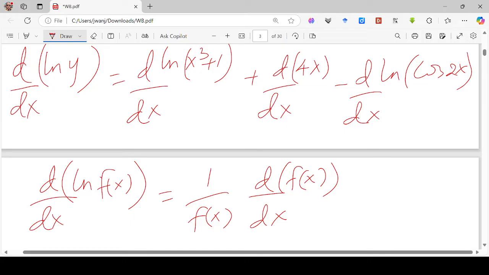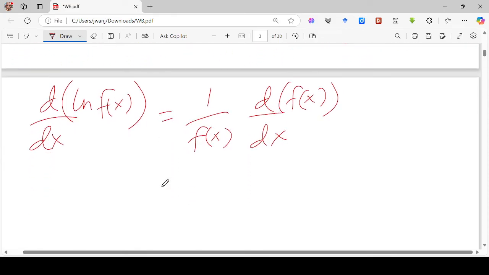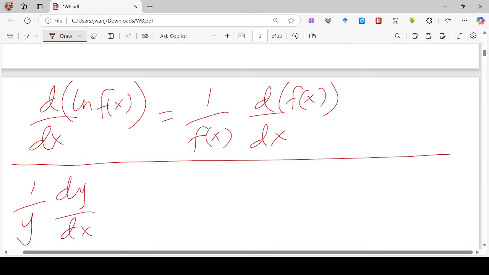If you look at the function we have here on the left hand side, it is of this form where f of x is just equal to y. So that means that we can write 1 over y dy by dx. We are using this rule here.